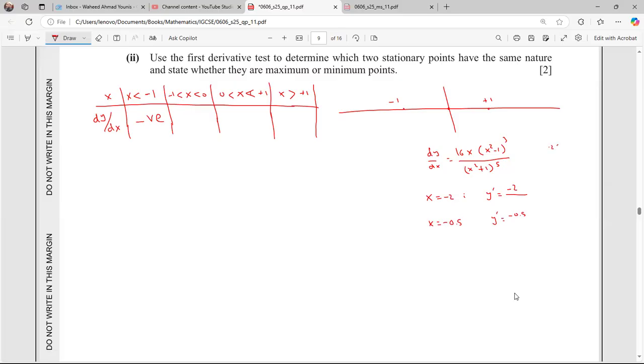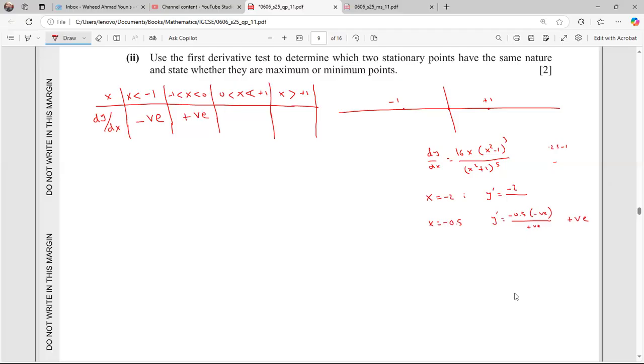So 0.25 minus 1 is going to be minus 0.75, and when I raise it to power 3, it's going to be a negative number again. Divided by, again, negative square is positive, add 1 is positive, raised to the power 5, it's going to be some positive number. So negative times negative is going to be some positive number. So in this interval, my derivative is positive.